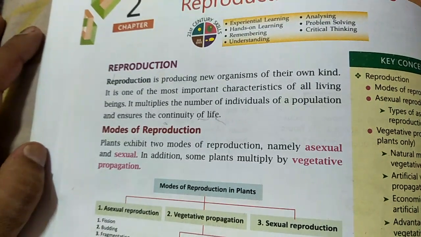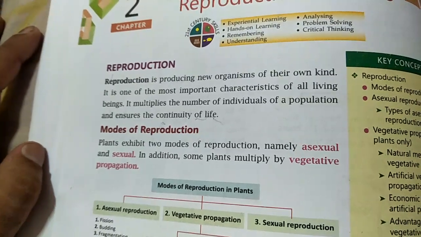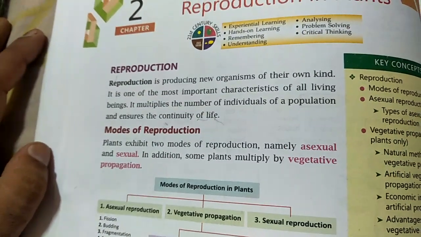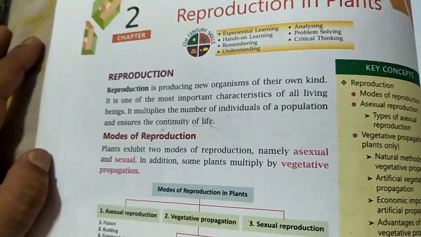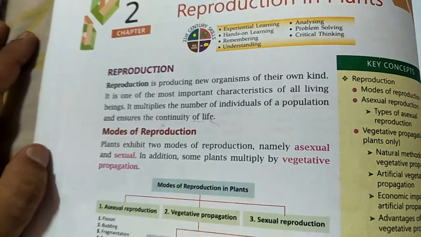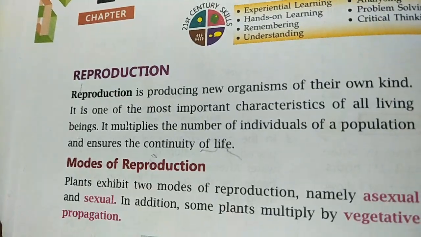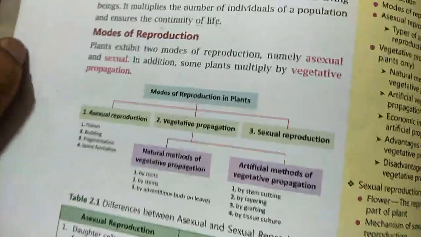It is because of reproduction. Due to reproduction, the next generation was created, and then came the next generation, and from them came the next generation. Therefore, the species was maintained, its presence was maintained on earth, and we will call that as continuity of life.